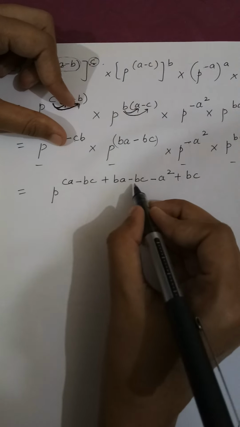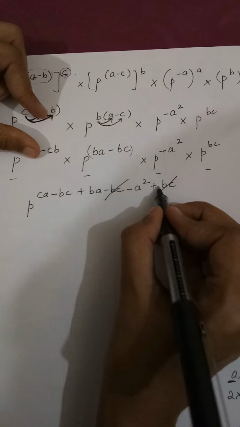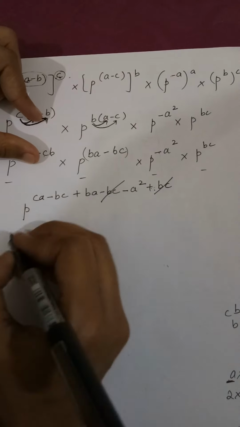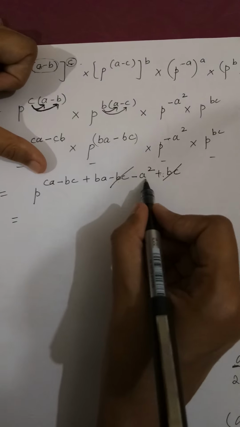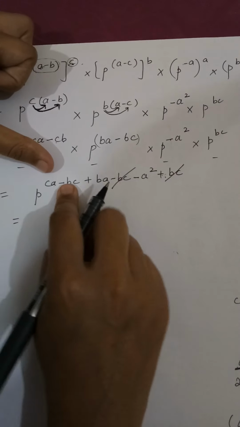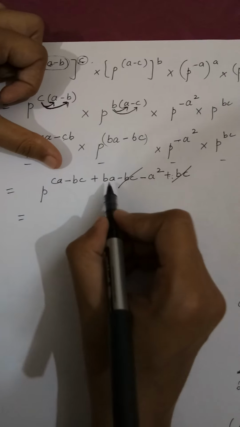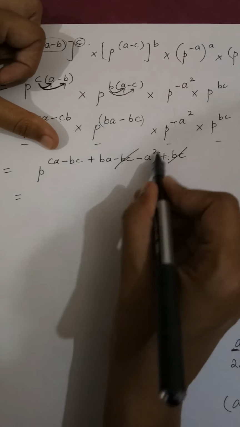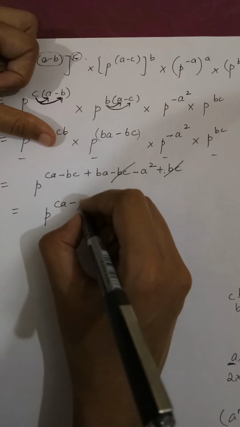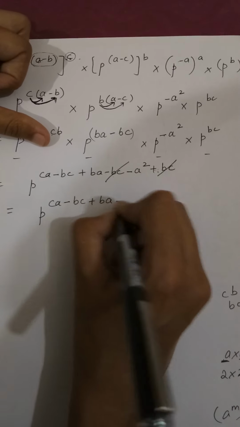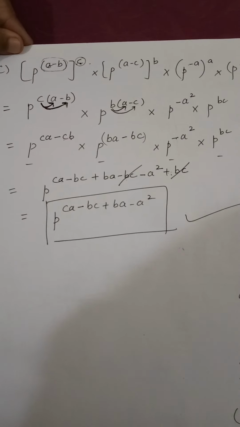When the same numbers are there but with opposite signs, we can cancel them. What is left? Anything else can be cancelled? Let us see. AC, is there any other AC? No. So it cannot be cancelled. BC, no other BC is there with which I can cancel this BC. AB, no AB is there. A square, no A square is there. So p to the power ac minus bc plus ba minus a square. This is your answer. Okay.